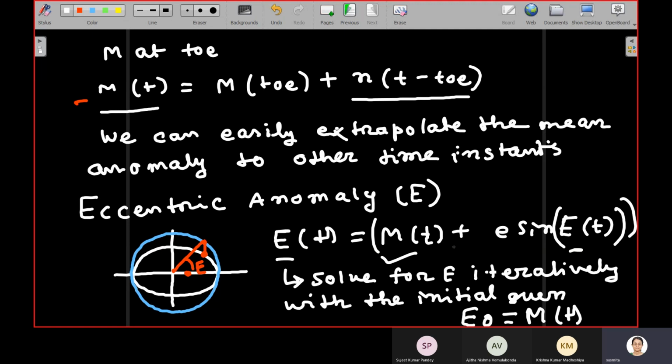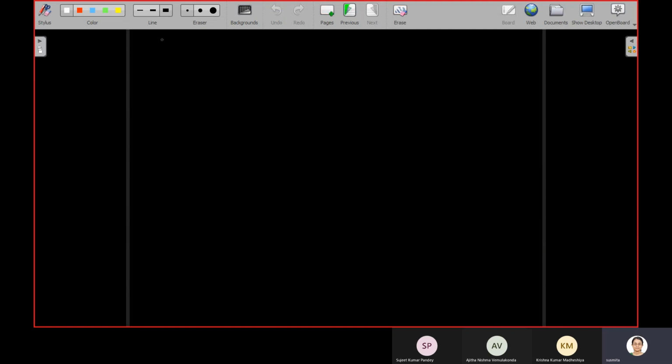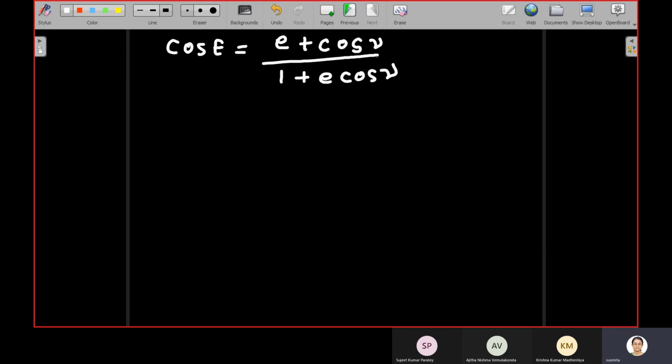Then after obtaining the eccentric anomaly, we use this relation to find the true anomaly.